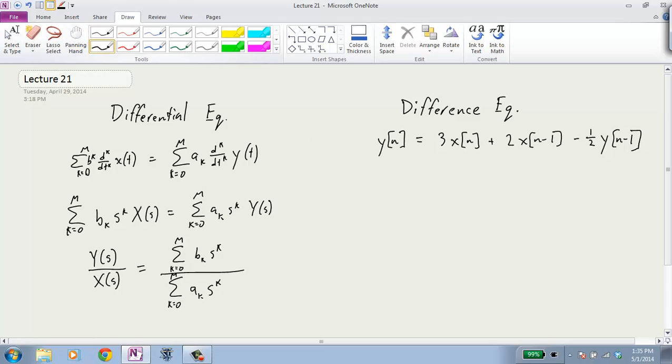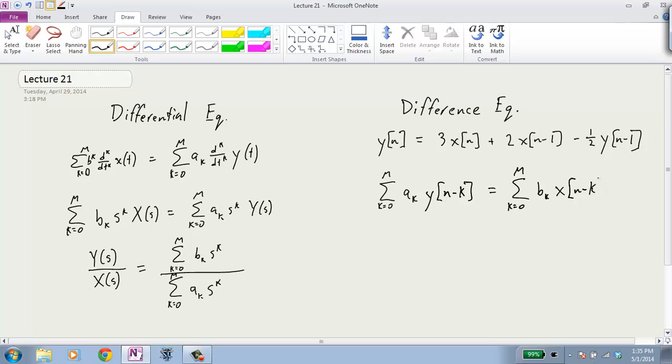And with this sort of system as well, you can do the same sort of tricks. So let me write the general expression: a sum of a_k times y[n-k] equals a sum of b_k times x[n-k].